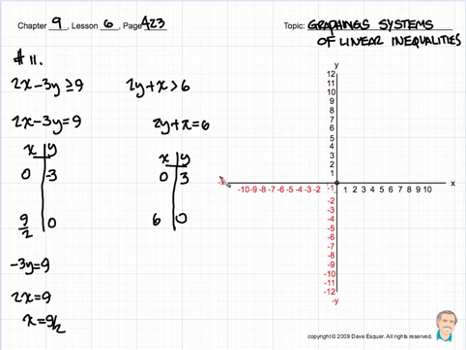So let's put these on the graph and let's see what we can do with those. We have 0, minus 3. And we have 9 halves and 0. That's, I think, 4.5. So that looks something about like that. So we can draw a line. Let's use a green line, I guess. Something like that.